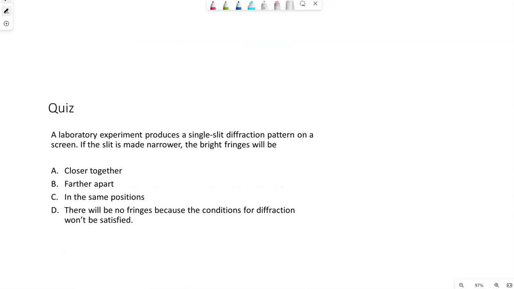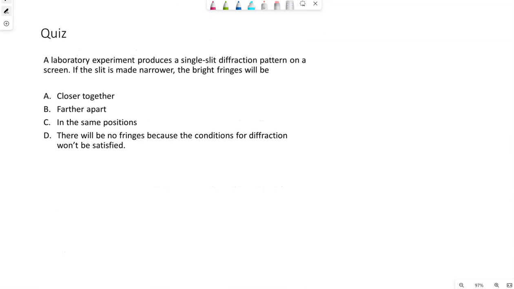So here is our first question. So the correct answer is B. We can show this, our single slit interference.